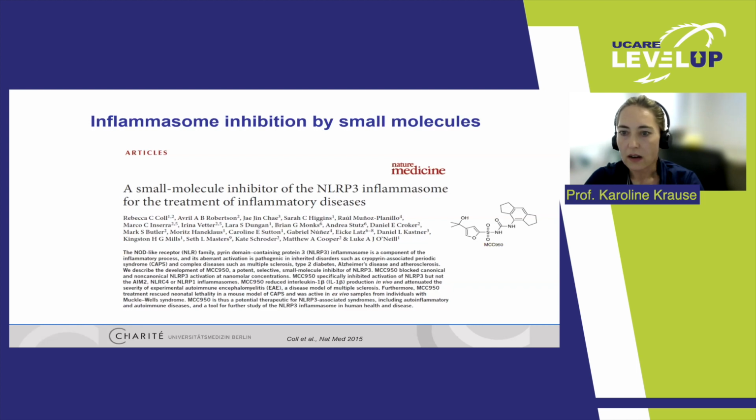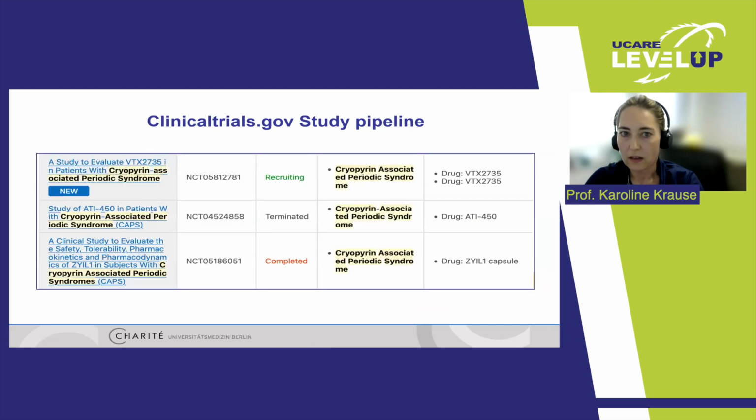And to date, there are a couple of very promising NLRP3 specific small molecules. I just looked at clinicaltrials.gov yesterday and found two studies. One here in the US is going to recruit patients with a specific NLRP3 inflammasome inhibitor, and another one here, a phase 2 study, and the one here, completed, is another NLRP3 specific inhibitor, which was done in Australia, in Adelaide, and was very successful.